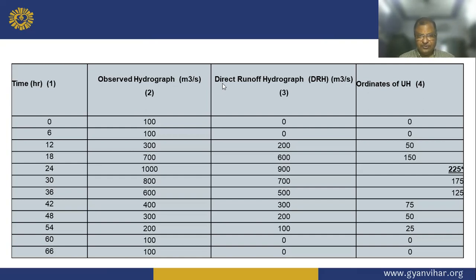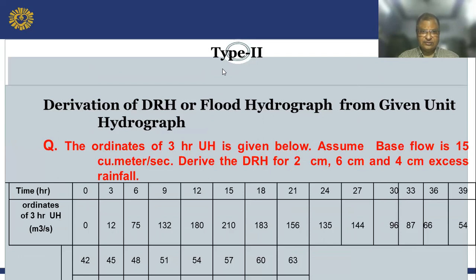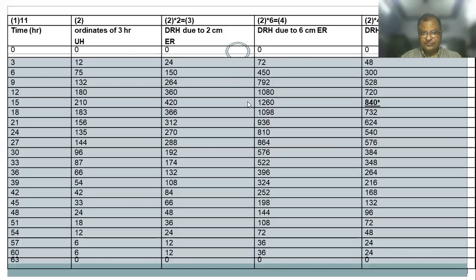Observed hydrograph and direct runoff, and ordinates of the unit hydrograph. And this is the derivation of the DRH of a flood hydrograph from a given unit hydrograph.